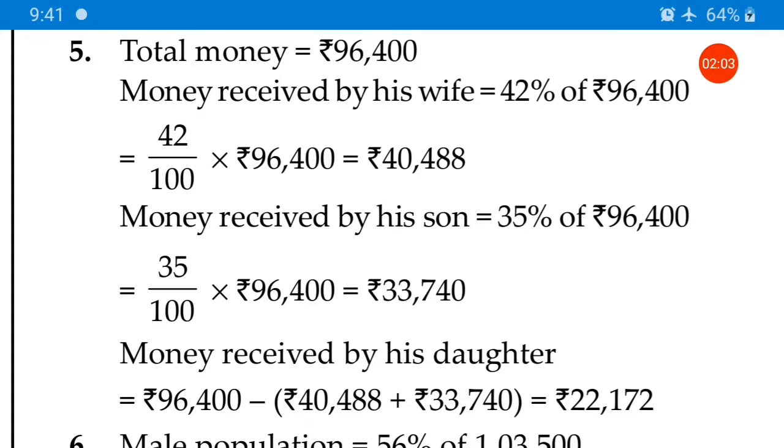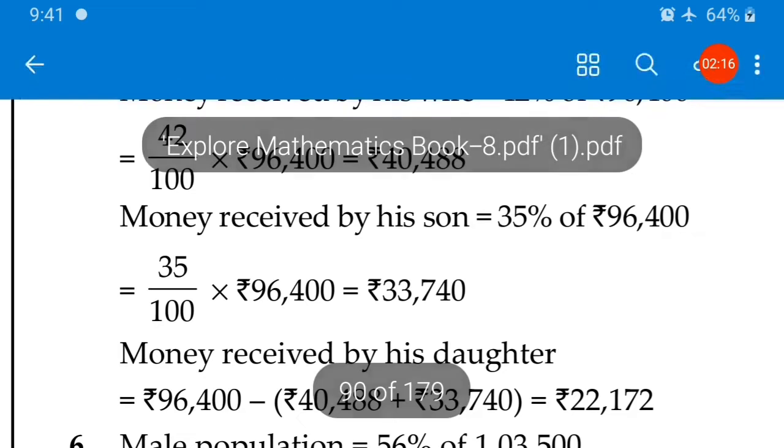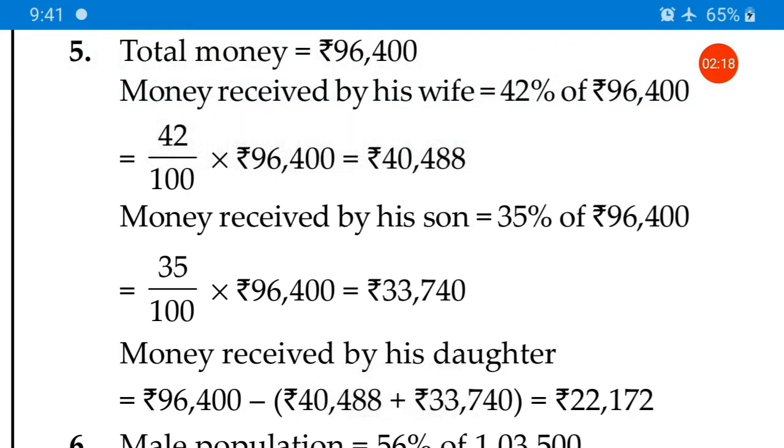First of all, convert from percentage to simple form. So 42 divided by 100 means 42%, multiplied by 96,400. When you do the multiplication, you will get 40,488, the money received by his wife.